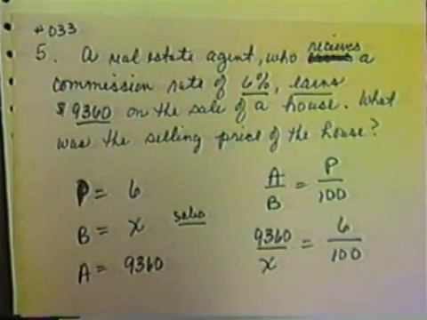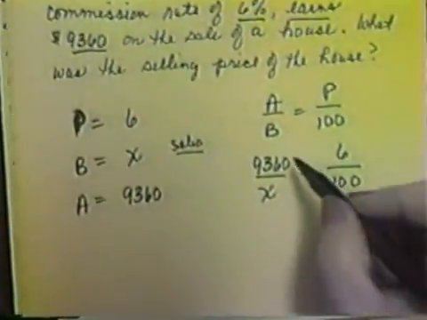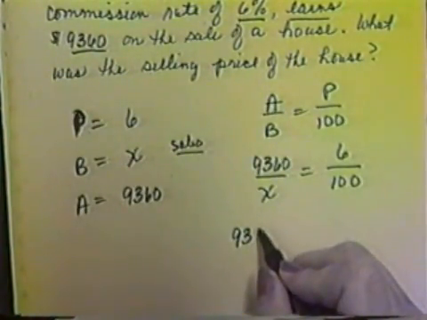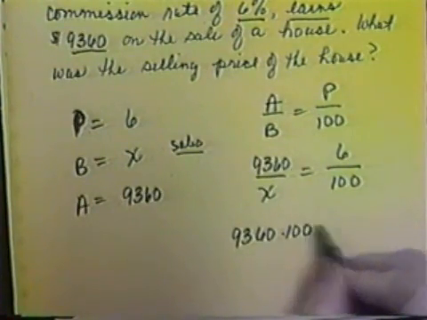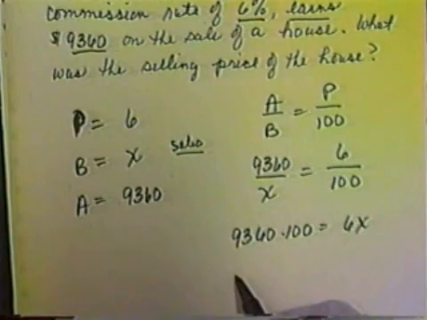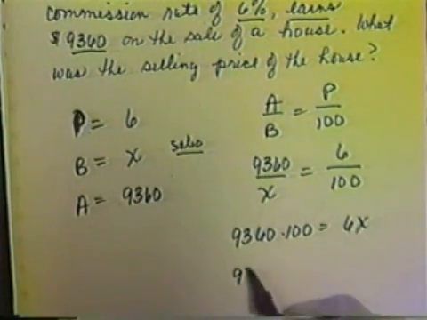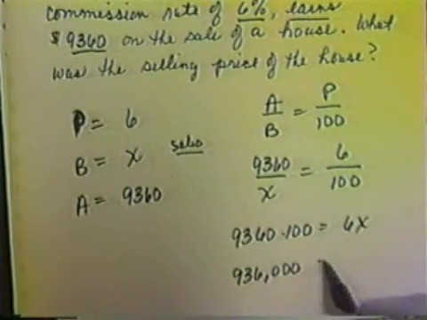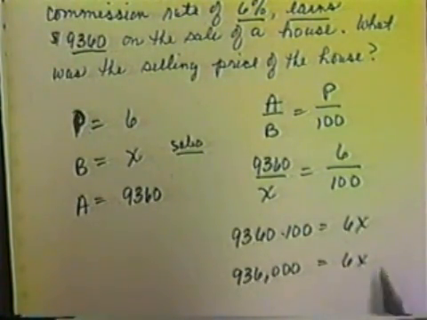To solve this proportion, we want to cross multiply. So we're going to multiply the extremes. 9,360 times 100 is equal to 6x. That gives us 936,000 is equal to 6x.